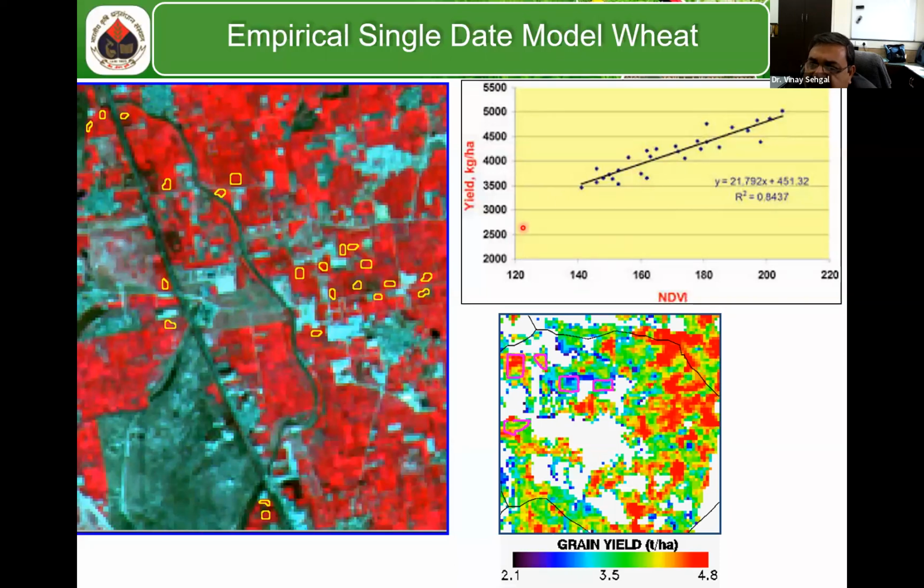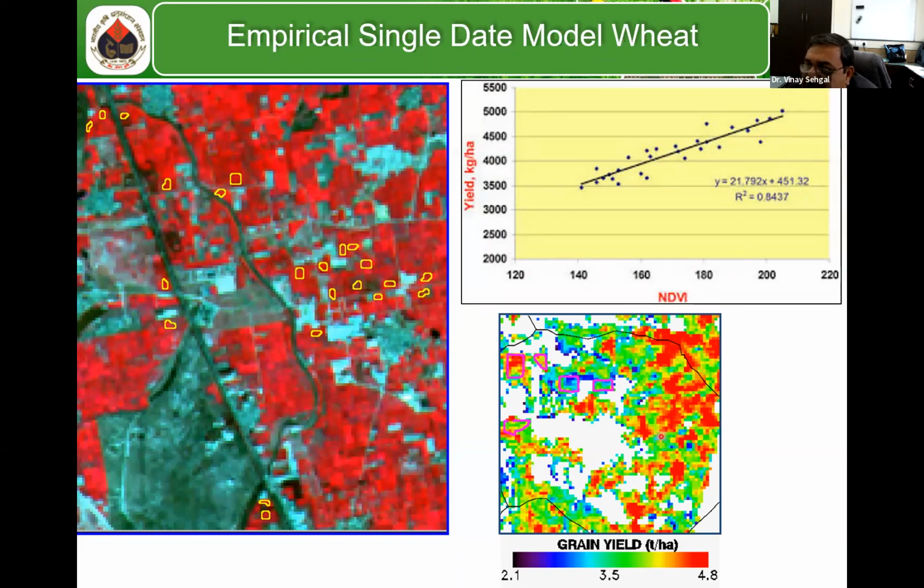You find that there is a very good correlation between the yield which you finally get and some kind of vegetation index, like NDVI. So you can generate NDVI versus yield data.